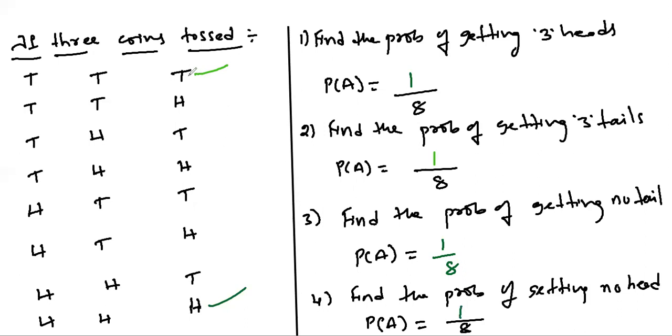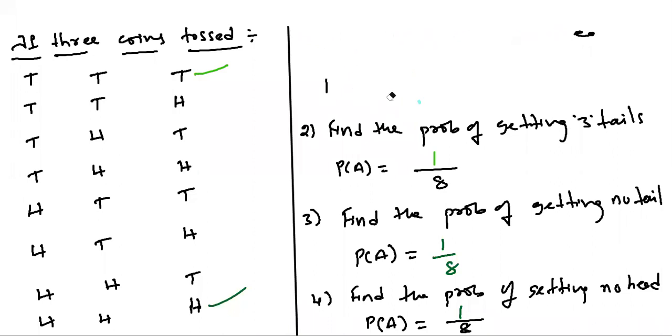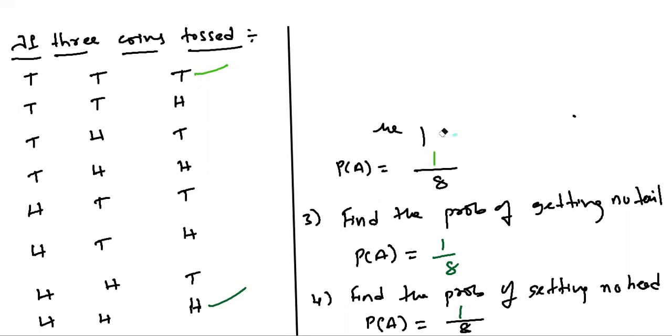No head means this one, right? Tail, tail, tail. In this, no head is there. In each and every case, head is there. So only in one case head is not there. That is 1 by 8. Next, 3 done. No head, no tail is done. Now we'll go with 2.